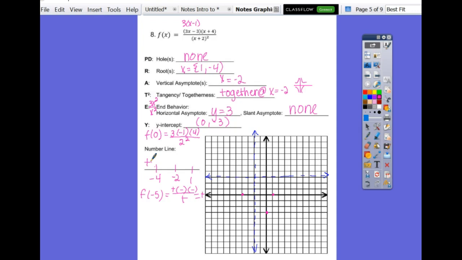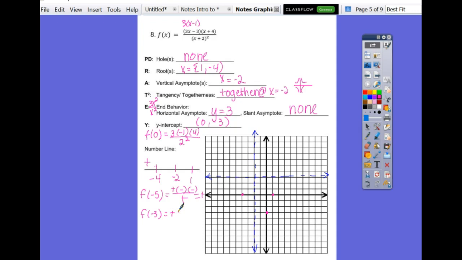So next, at the -2, I get togetherness. I need to check whether I have negative togetherness or positive togetherness. If this is positive, if it goes up, then this side would go up. So let's check in between. So f of -3, I would start positive.